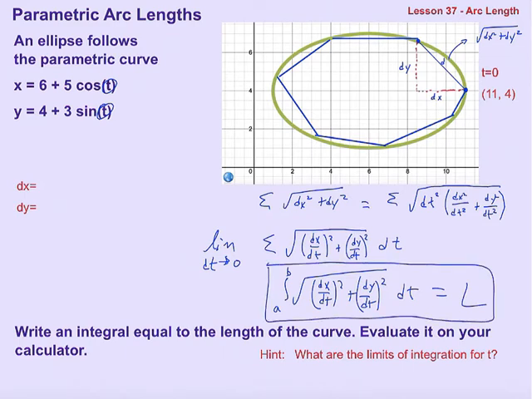So we'll apply this formula for this example here. We'll see that it works pretty easily in the end. If x is equal to 6 plus 5 cosine t, then dx/dt is equal to just negative 5 sine of t. And dy/dt, since y is equal to 4 plus 3 sine of t, is equal to 3 cosine of t.